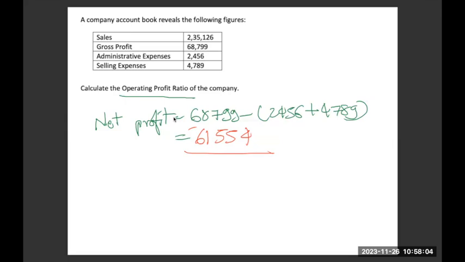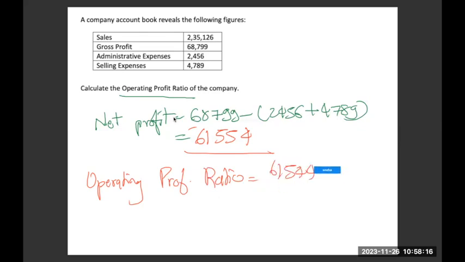Now I have to find the operating profit ratio. It will be 61544 divided by 235126. In this case, please note you are not provided a calculator, okay? All these need to be done by hand, manually.